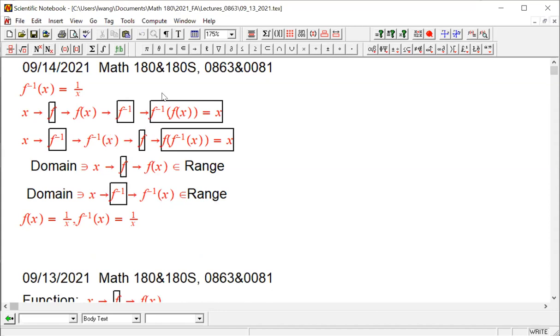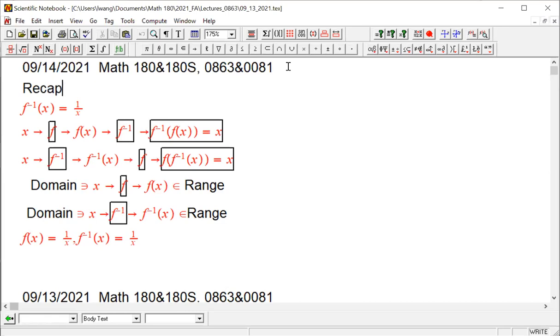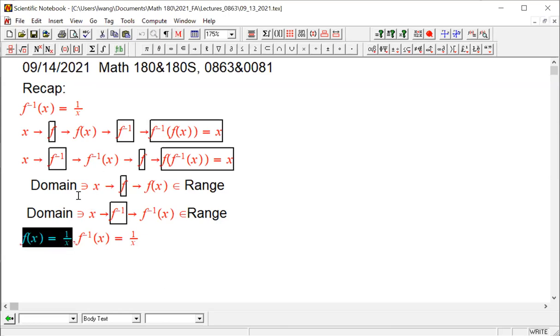Okay, so recap. Recap from yesterday: we talked about the one-to-one function, right? The example we talked about was this one-to-one function and its inverse.